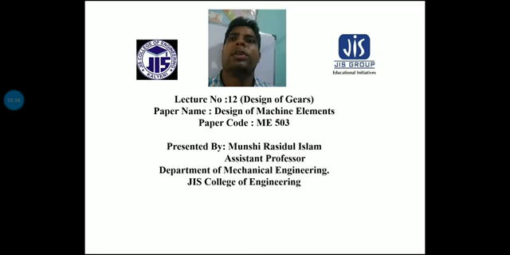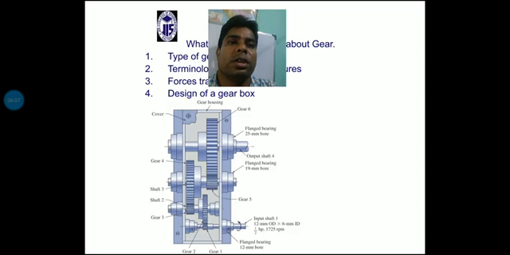Number three, variable output speeds, high input power, high precision, compactness, and also assembly between parallel and skew intersecting shafts, and also high interchangeability and a high level of mechanical efficiency. These are the advantages of gear drive over any other drive.